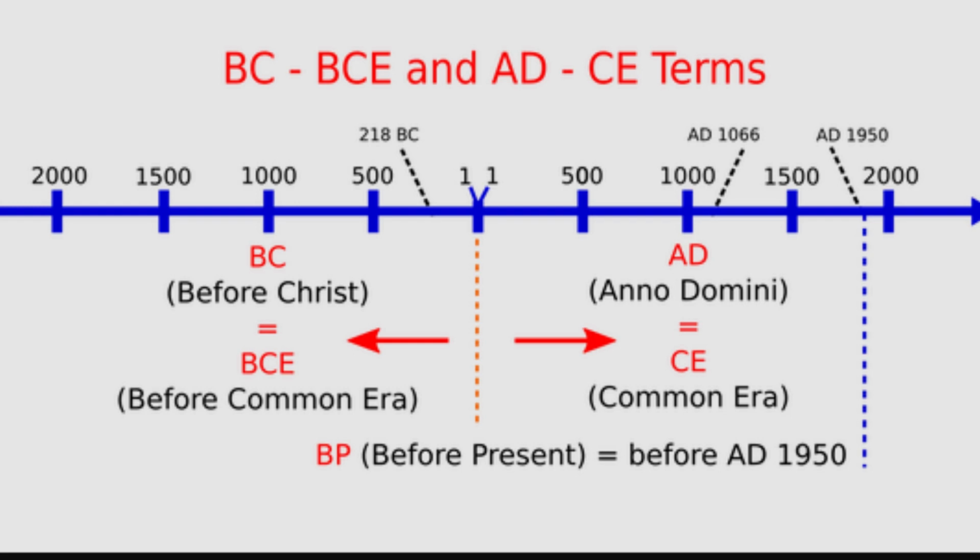And similarly, in AD and CE, we count years forward, that is, years after the birth of Jesus. When we say 100 AD or 100 CE, we are saying 100 years after the birth of Jesus. And 100 AD is older and 200 AD is newer.